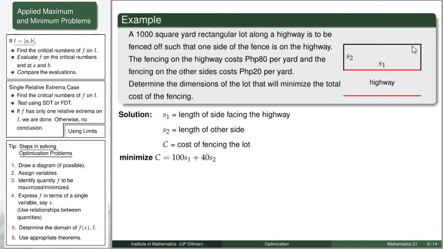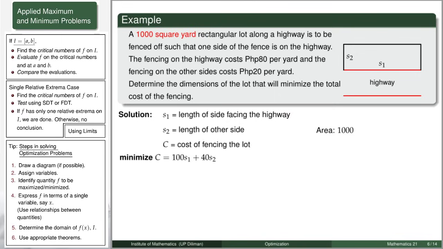To do that, I will be looking at one of the important givens in this problem, which is the area of the rectangular lot. It is already given that the area, whatever the size of the length of the side may be, should always be 1,000. So this is a constant quantity.